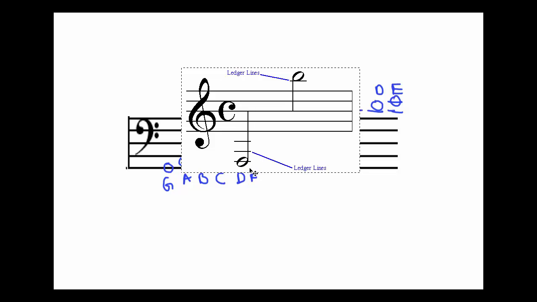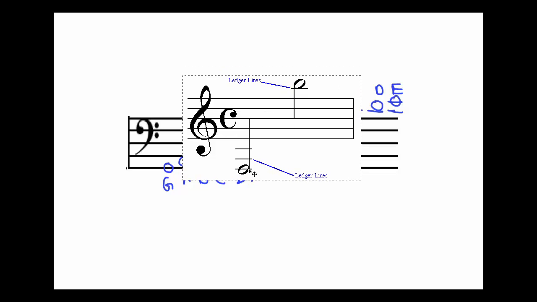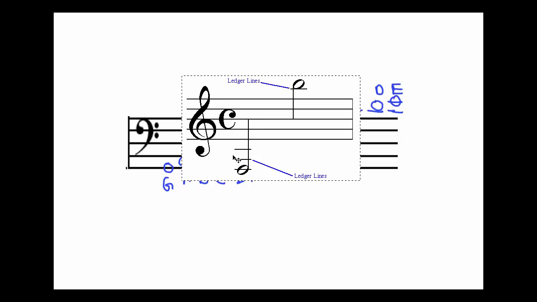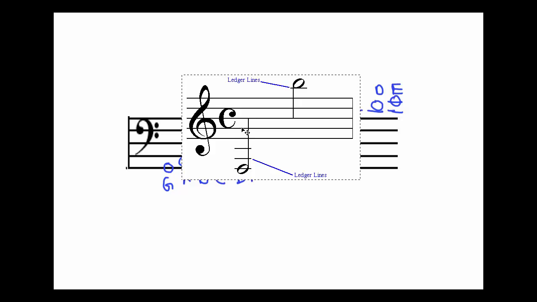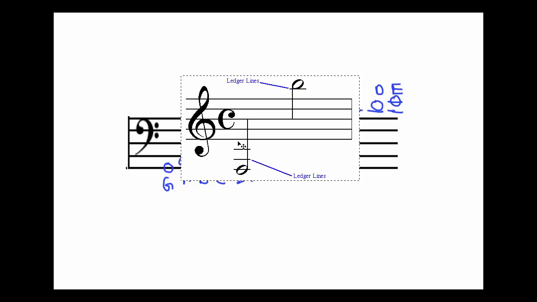So why don't we quickly identify this note all the way down here? Let's go to our point of reference. That would be G, which is the second line. G. What comes before a G? F, E, D, C, B, A, G, and F. So this note will be an F note.